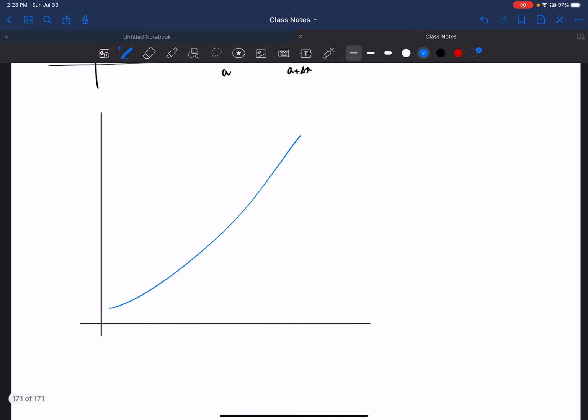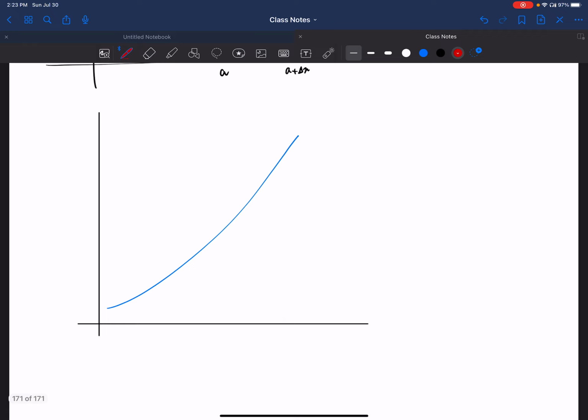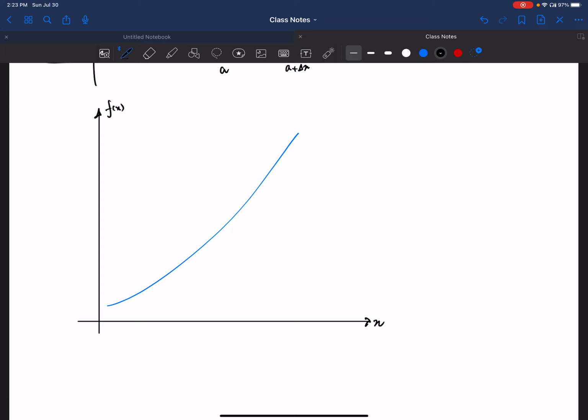For example, you have a curve of f of x. At this point, I'm going to draw a tangent line.